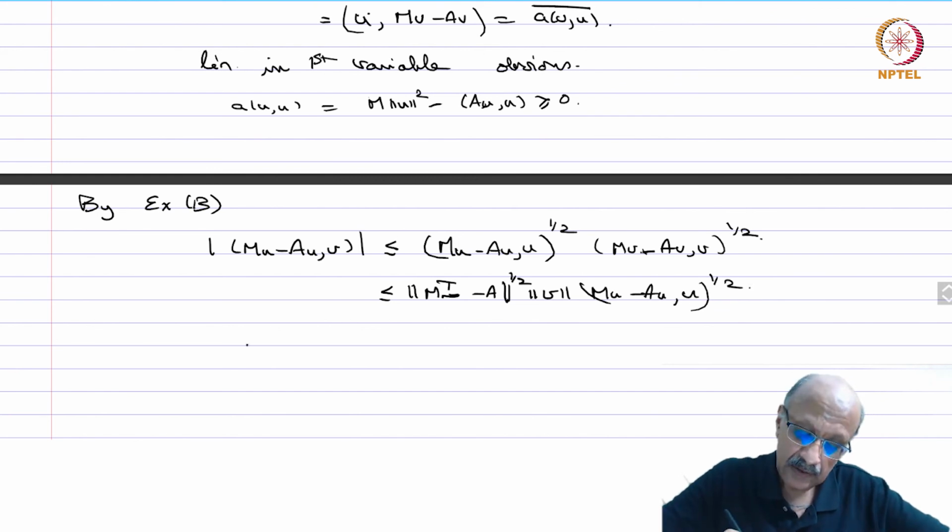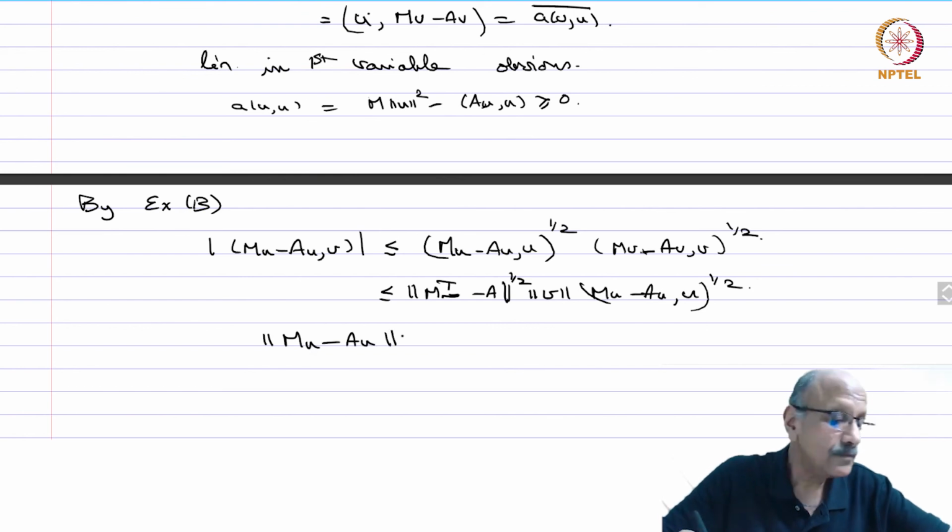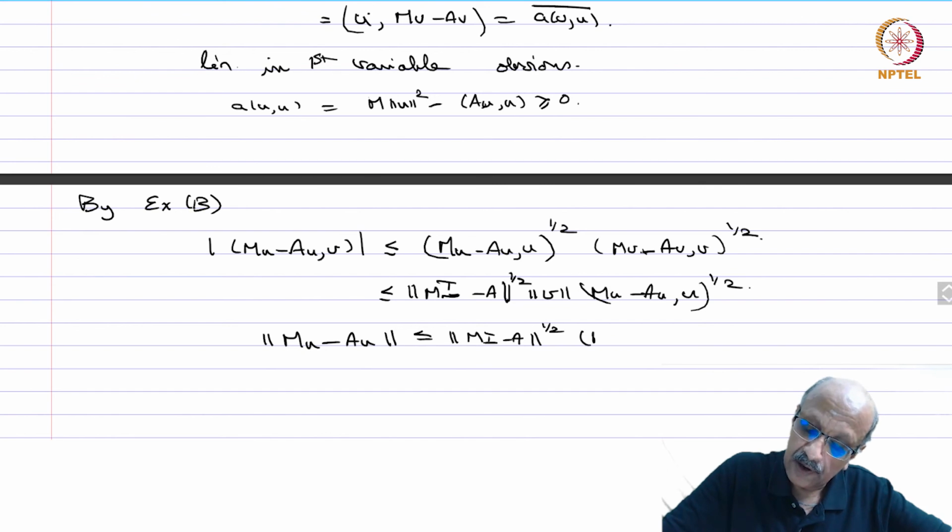Therefore from this you get that norm of (MI minus A)u is less than or equal to norm of (MI minus A) to the power half into ((MI minus A)u, u) to the power half.